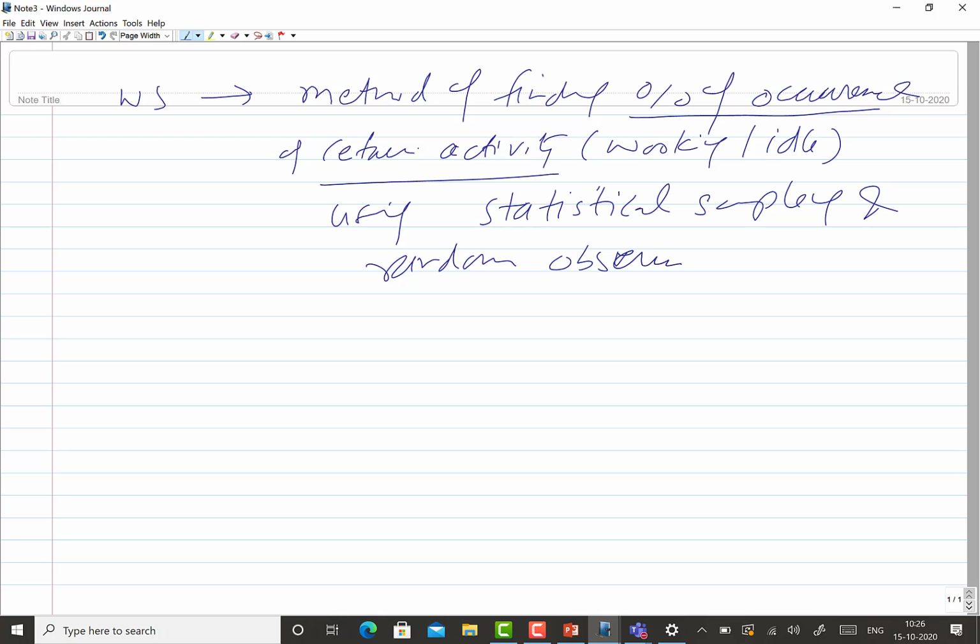So basically it finds the percentage of occurrence of certain activity based on statistical sampling and random observation in work sampling.